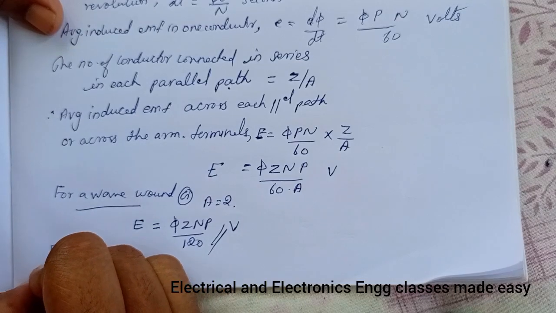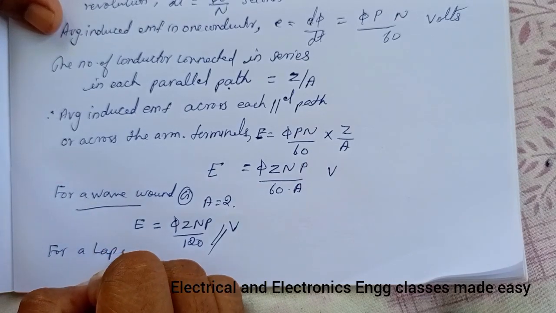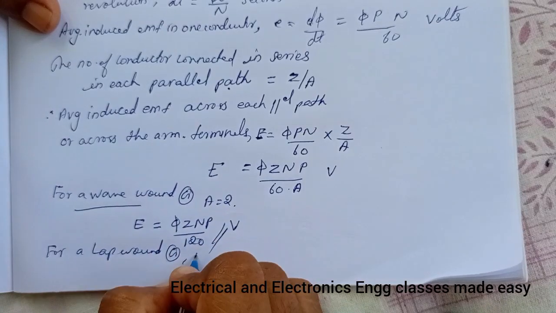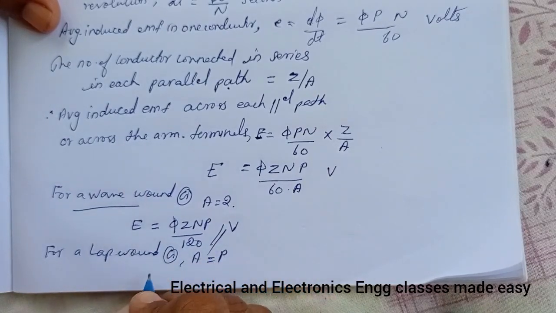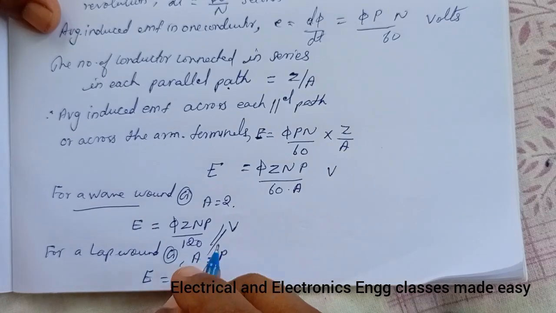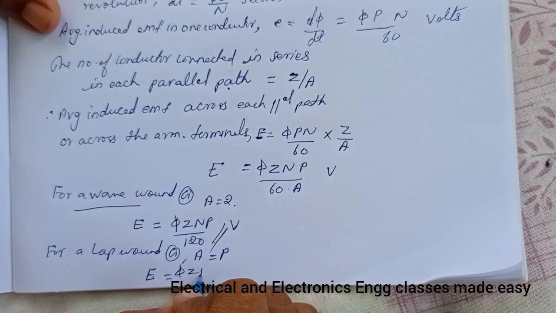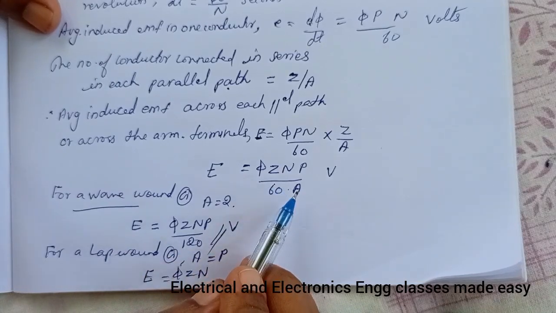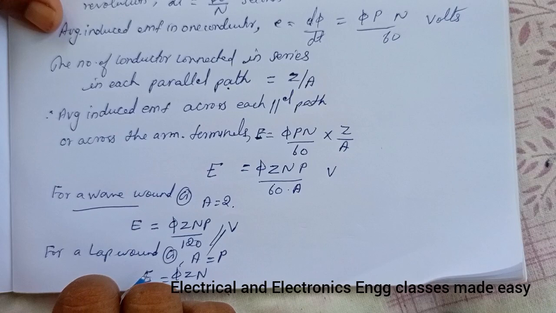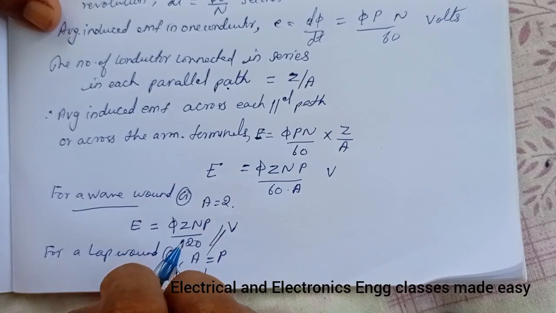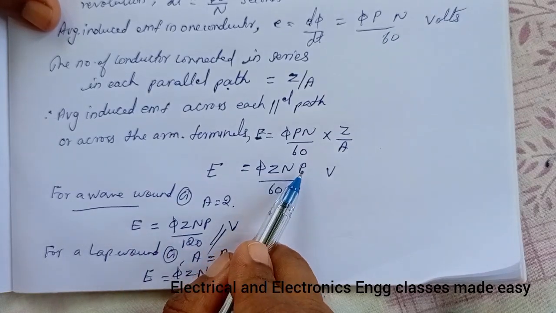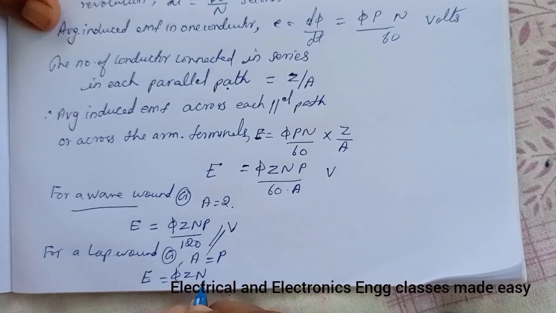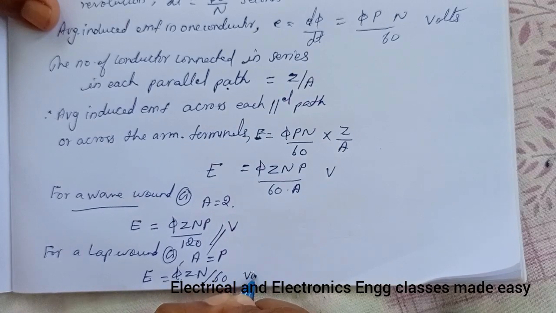And for a lap wound generator, A is equal to P, so these two cancel, and we get E as phi Z N divided by 60 volts.